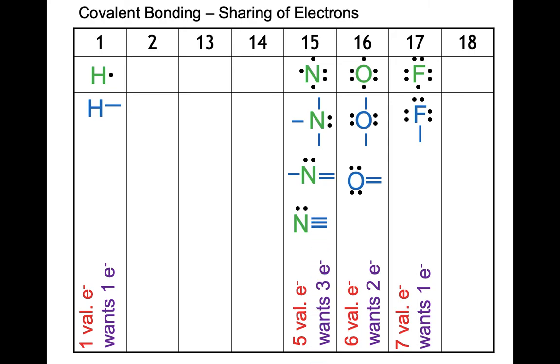Any combinations of singles, doubles, and triples that allow that atom to obtain an octet and to become more like a noble gas. The last group we're going to focus on is group 14, and we're going to use carbon as the example. Carbon has 4 electrons. You know from biology that carbon can form these big, huge macromolecules, and it's because of its bonding capabilities that it can do those things.